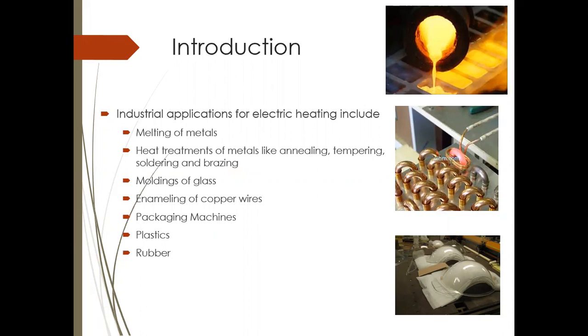For example, if we talk about industrial applications, some of them are listed here: melting of metals, heat treatment of metals such as annealing, tempering, soldering, glazing, etc., molding of glass, baking of insulators, and enameling of copper wires.